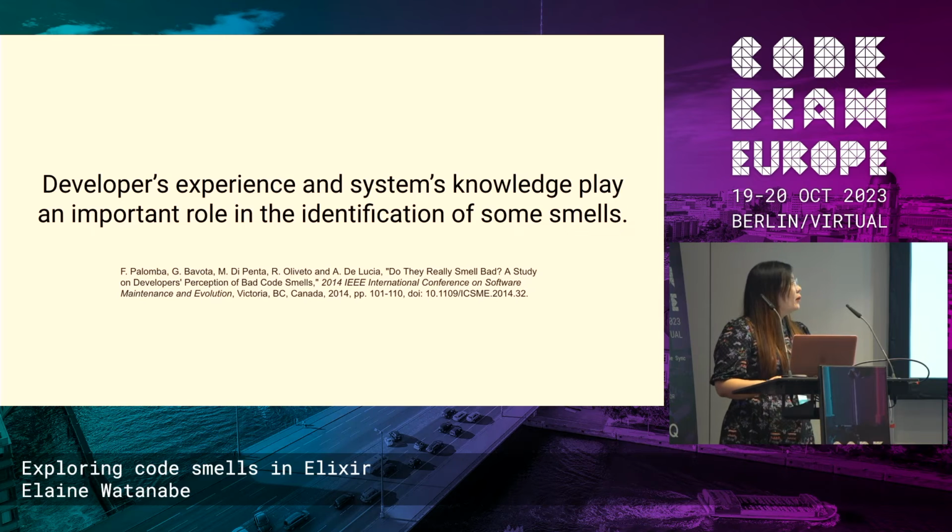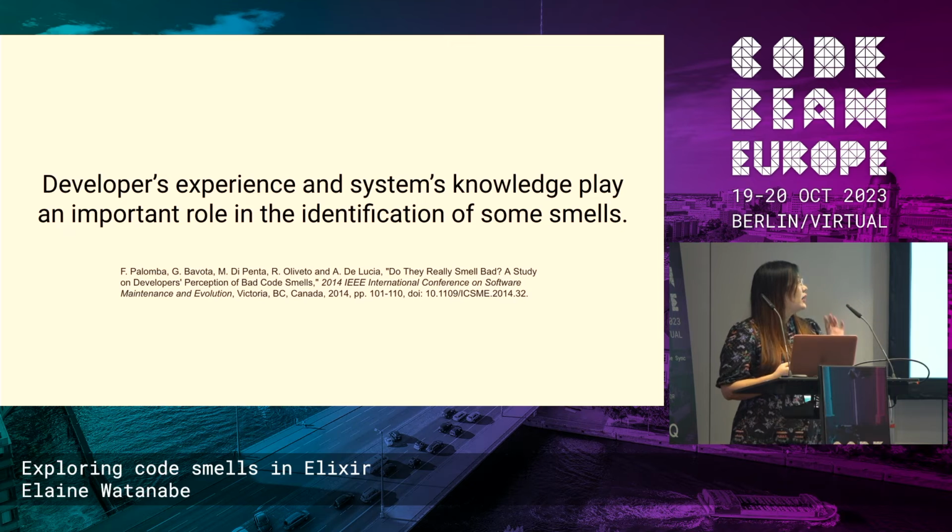There's also an interesting point about the types of code smells. A couple of them may be intuitive, easy to identify via an automated tool, but other smells may depend on the context and the developer's experience and knowledge about the system.